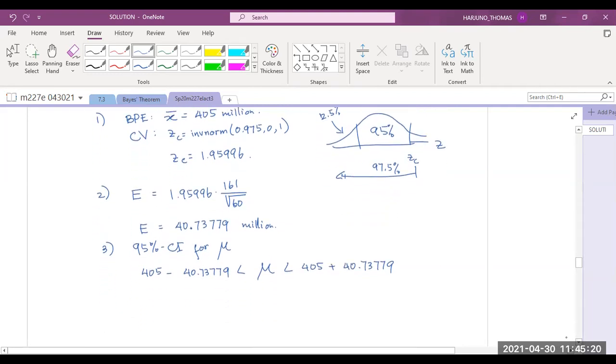Okay, so 405 minus 40.73779 will be 364.26221, less than mu, less than 445.73779, and all of them in millions.